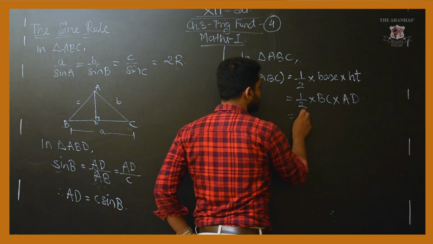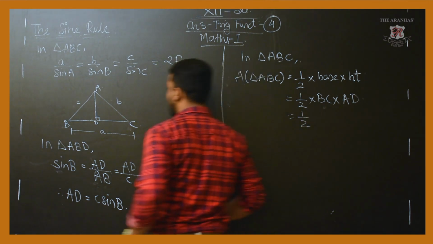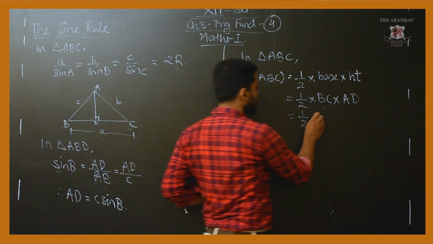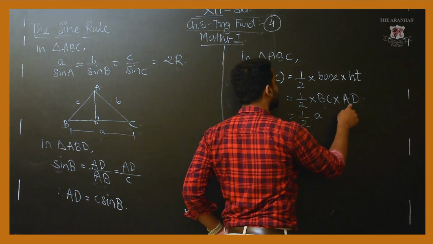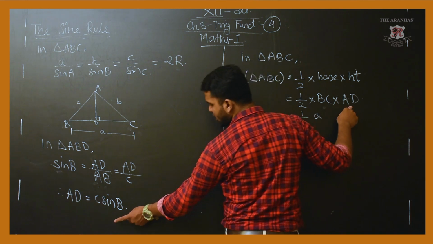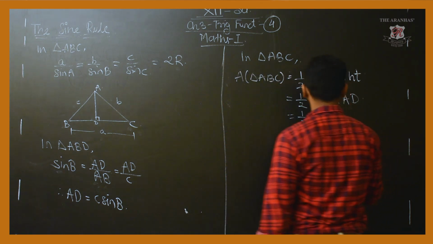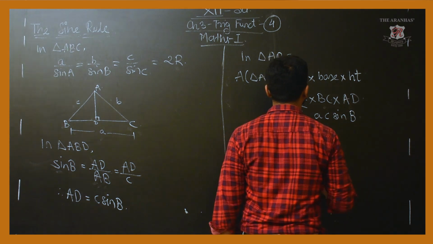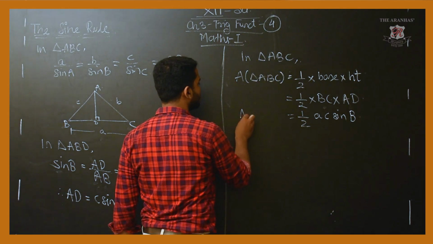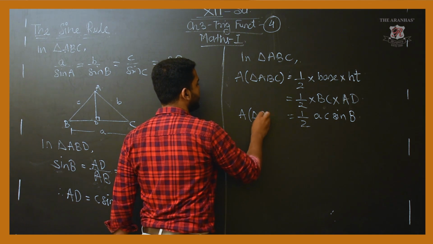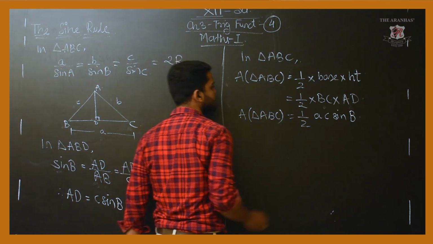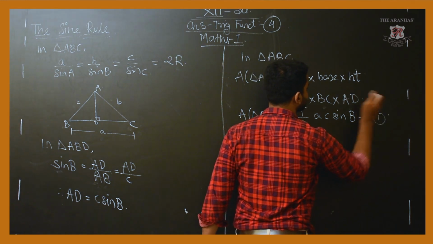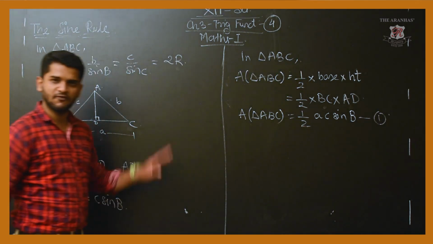We know the value of BC, that is small a. So a into AD, and AD we have already found out: AD is nothing but c sin B. So we got to know the area of triangle ABC is half a c sin B. Let this be 1. Follow till here.